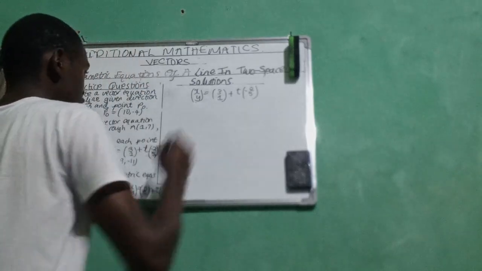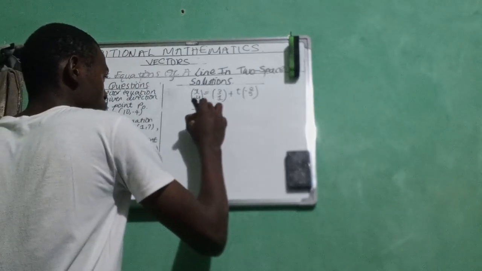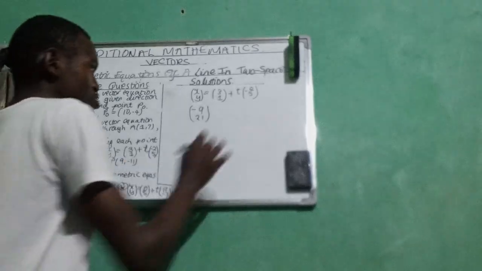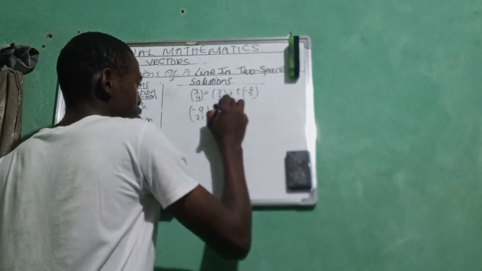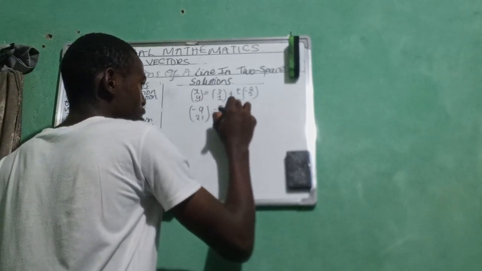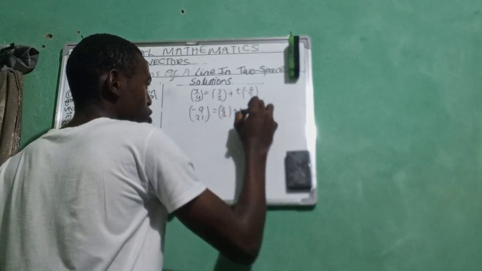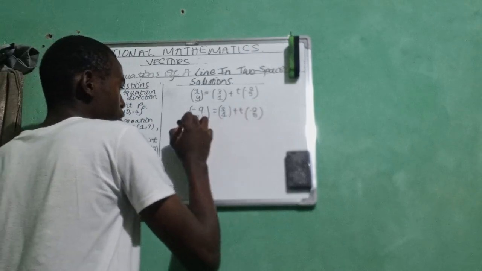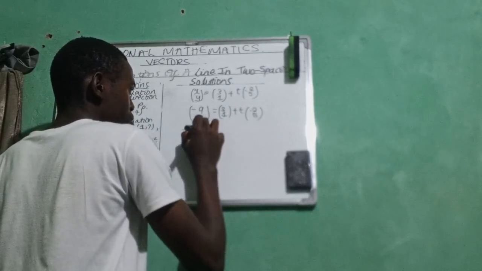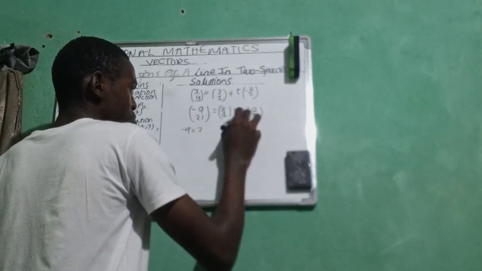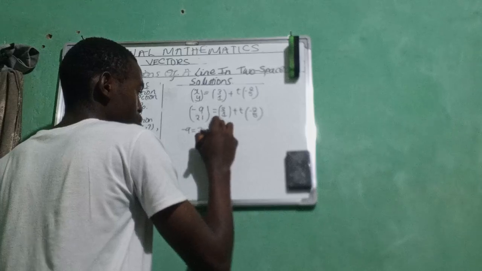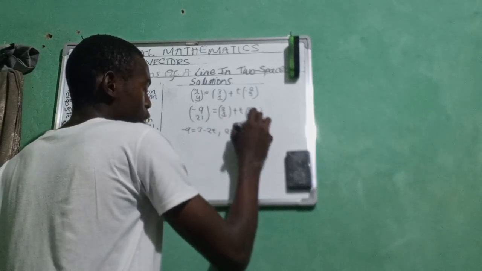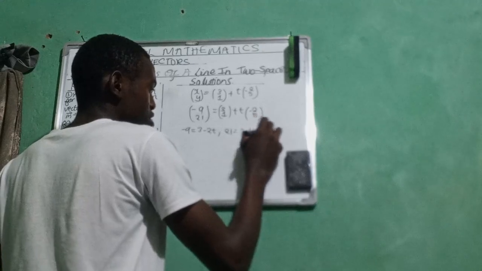The next question is (-9, 21). They're asking if this point is on this line, which is equal to (3, 1) plus t multiplied by (-2, 5). Then we get the top row: -9 is equal to 3 minus 2t, and 21 is equal to 1 plus 5t.